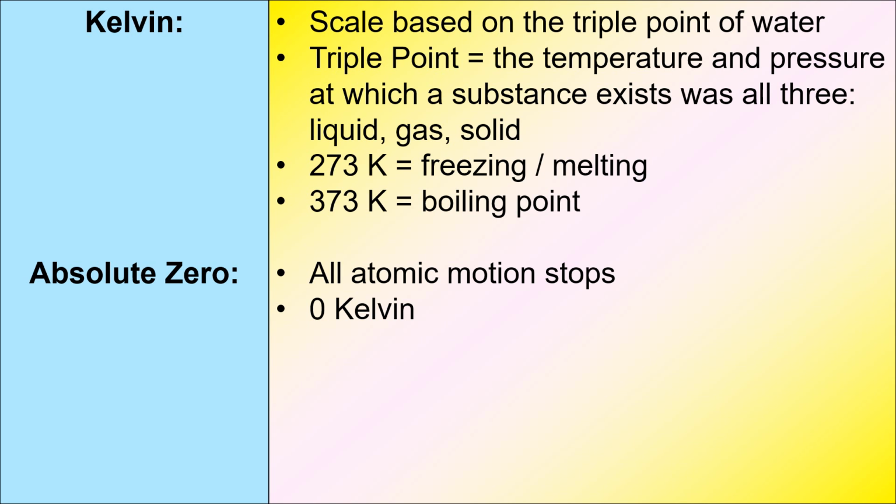Not something we're going to commonly use, but it has its advantages in that Kelvin sets 0 Kelvin not as the freezing point of water, but as the temperature at which all atomic motion has stopped, meaning there is no kinetic energy. So if you say something has 0 Kelvin, we mean that it has reached absolute zero. There is no atomic motion. The molecules are not moving at all.